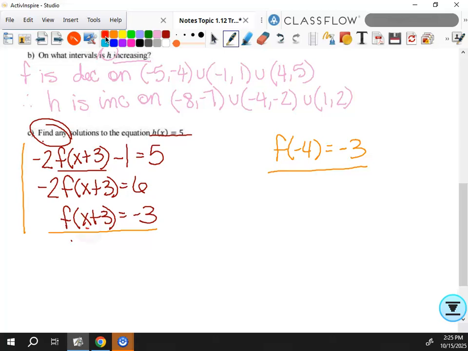What would this have to be equal to? Negative 4, right? Don't these two things have to be the same if the output is negative 3? So then x plus 3 equals negative 4, and x equals negative 7. That's the x value for when h of x is equal to 5. So that means h of negative 7 equals 5 is what we're looking for.